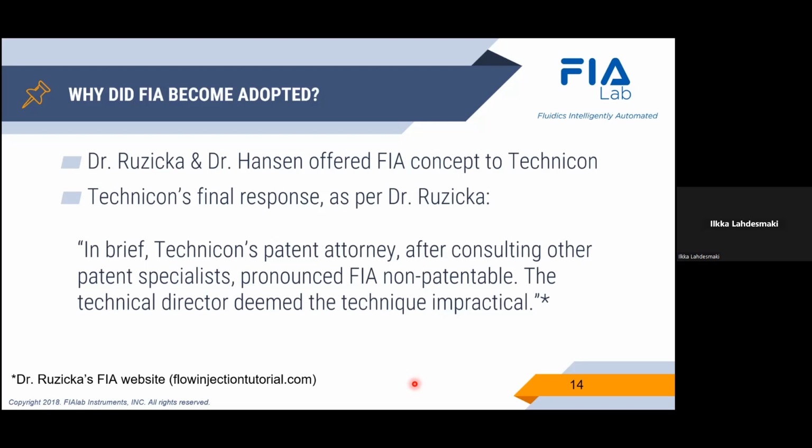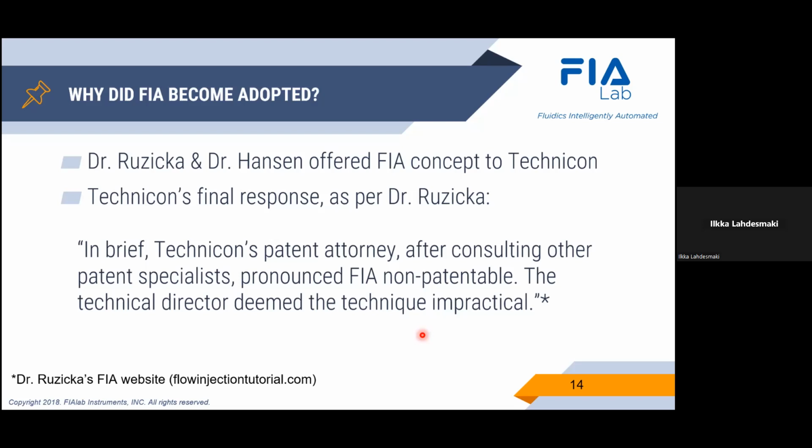And it's very interesting that when Drs. Ruzicka and Hansen initially invented FIA, they offered that concept to the Technicon Corporation, the commercial entity behind segmented flow analysis. And as per Dr. Ruzicka, Technicon's response was quite negative. Their patent attorneys said that it's not patentable, so it has no legal or business value.